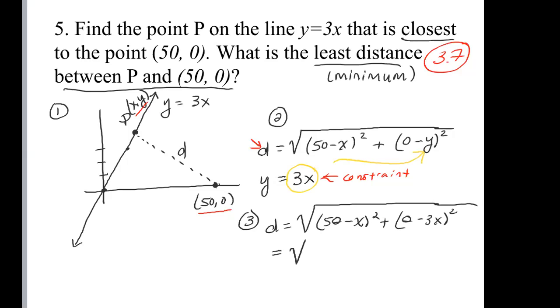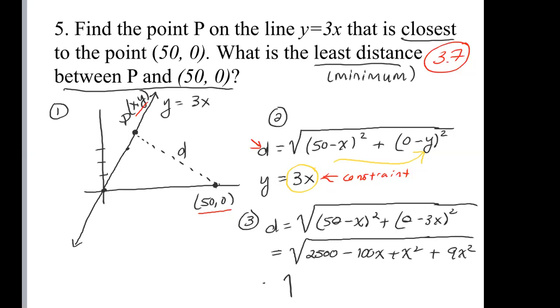I'm going to go ahead and square the 50 minus x. That gives me 2500 minus 2 times 50 times x, which is 100x, plus x squared. And then (0 minus 3x) squared is a positive 9x squared.